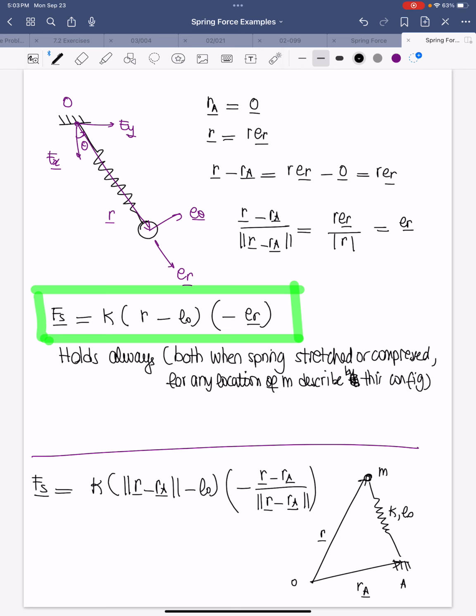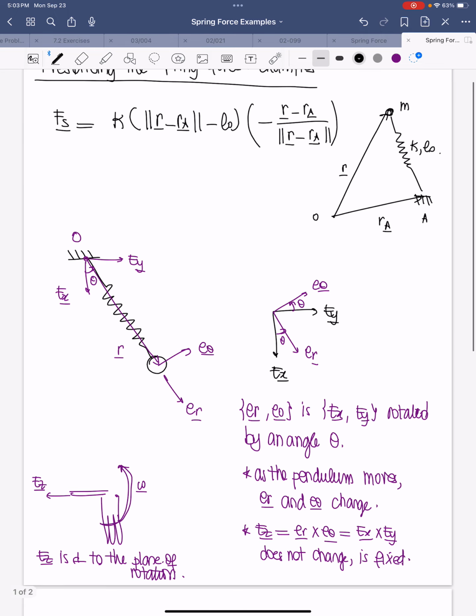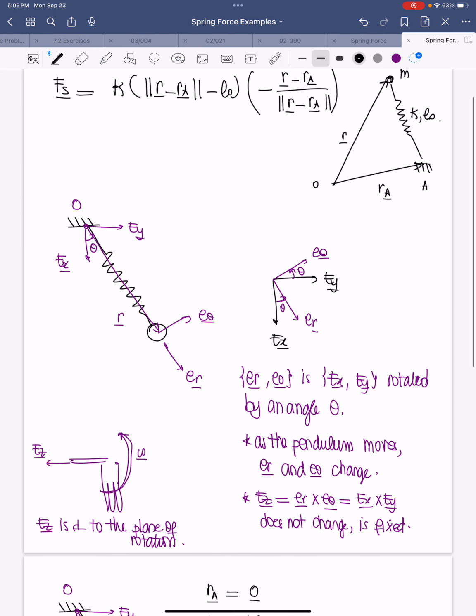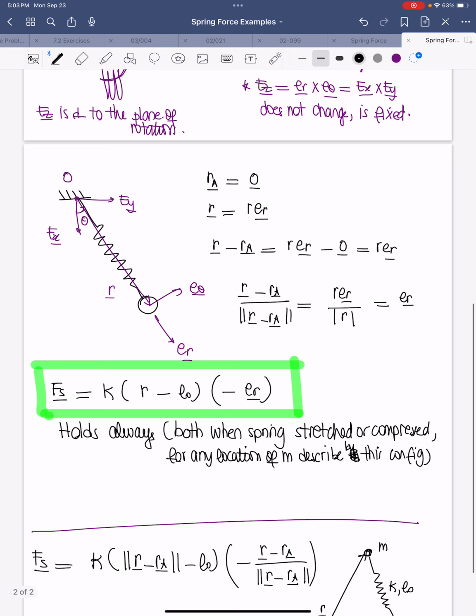Okay, so that's an example. So even if the motion seems complicated, we can simply find the expression for the spring force.